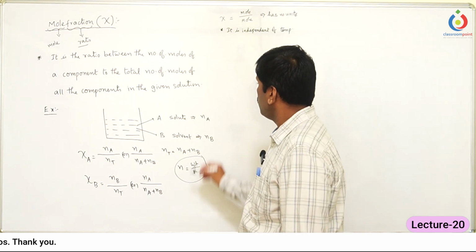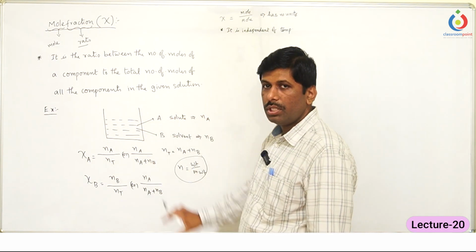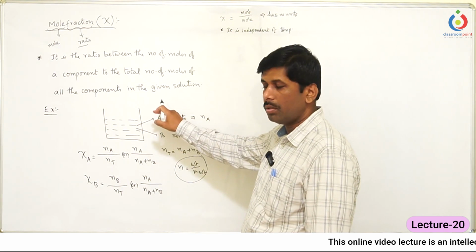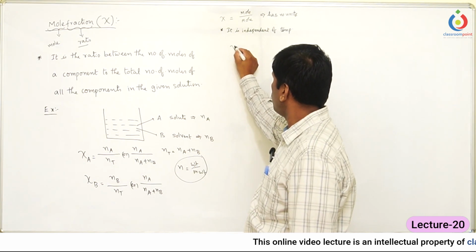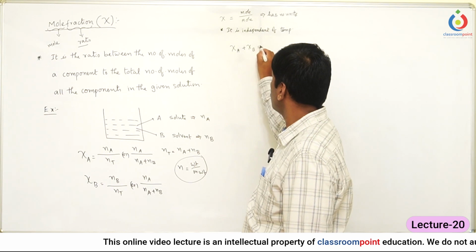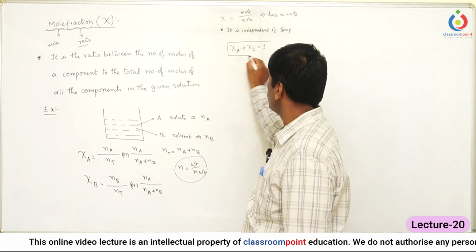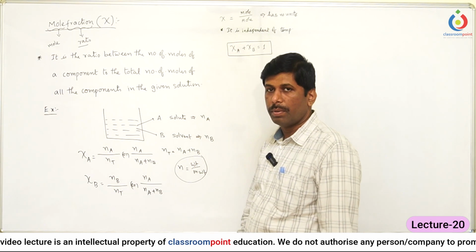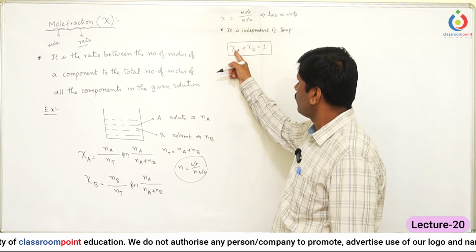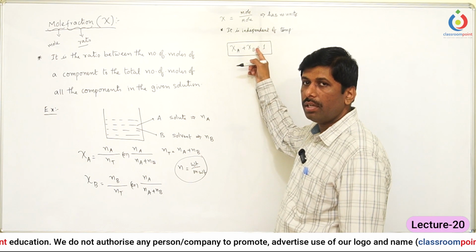Now, let us see here in this particular composition of the solution, two components are there, A and B. So, sum of the mole fractions of all the components of a solution is always equal to unity. Unity stands for 100% or 1. So, mole fraction of A plus mole fraction of B is equal to 1.